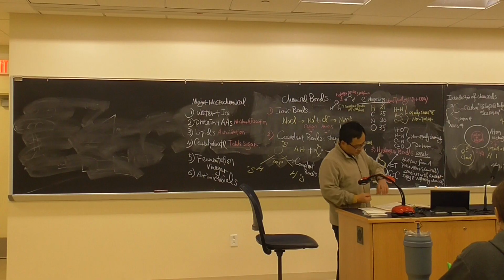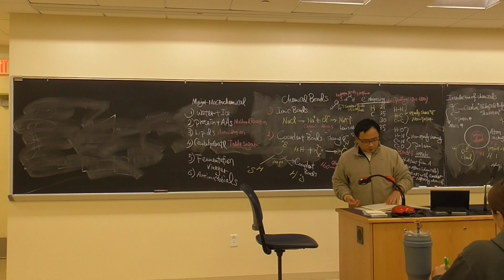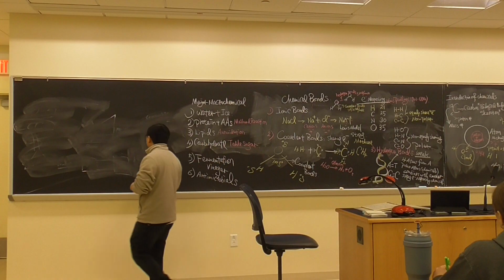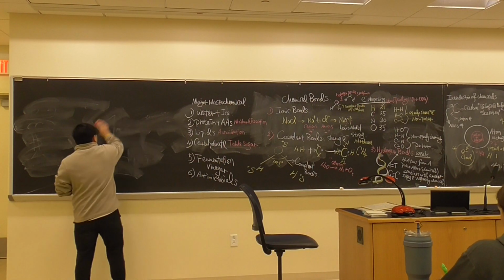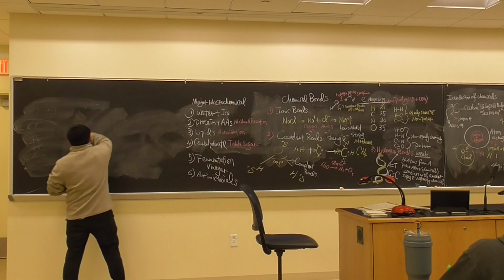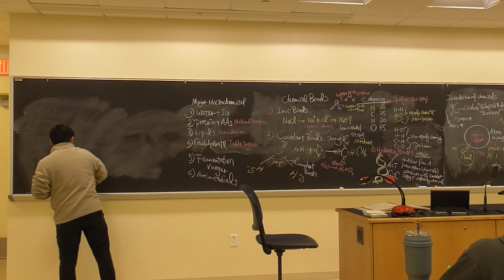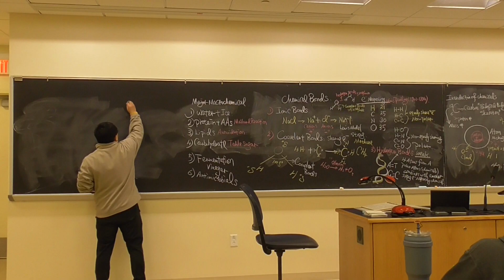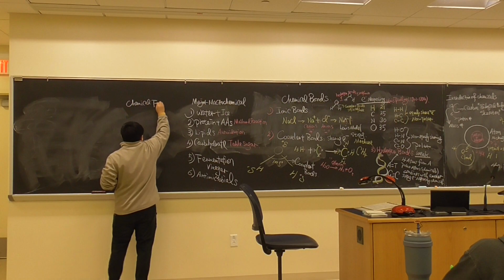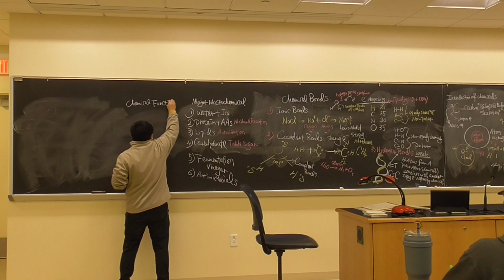We have about 3 minutes left. We want to mention a review for you, the chemical functional groups, which are the chemical functions we will mention during the semester, and you need to be a little bit familiar with them.